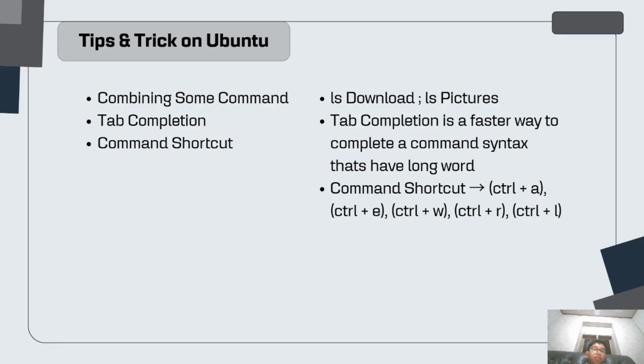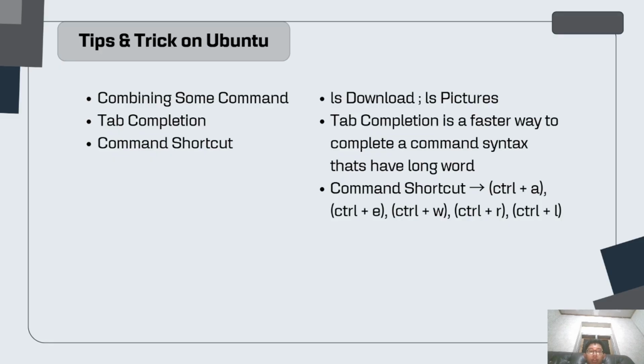There are some shortcuts that you can use, which is Ctrl+A. It is used when you want to go to the first word of the syntax, and Ctrl+E goes to the last word of the syntax.